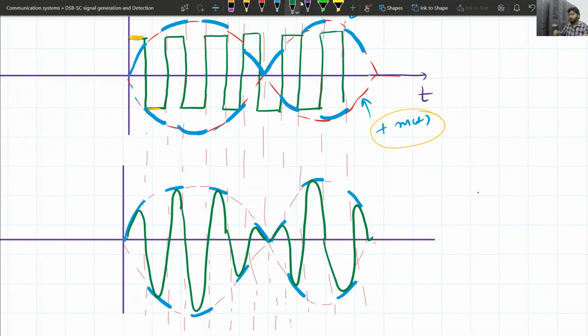And so on. So this is the required DSBSC signal.